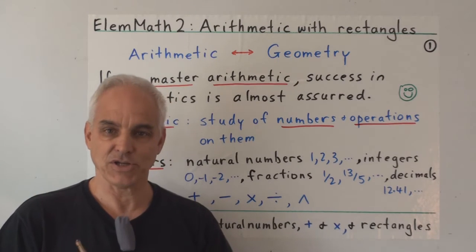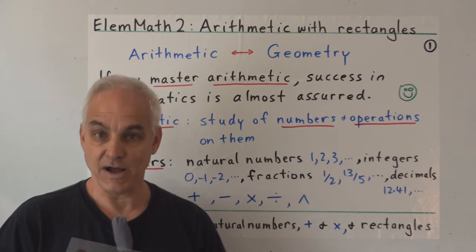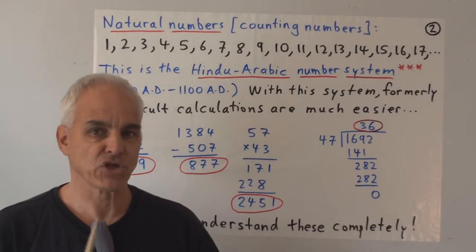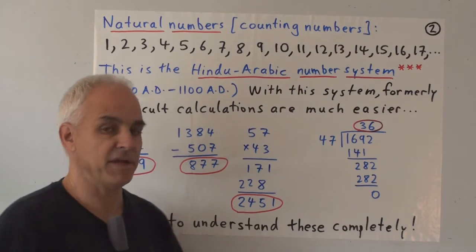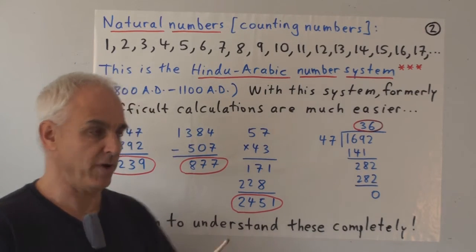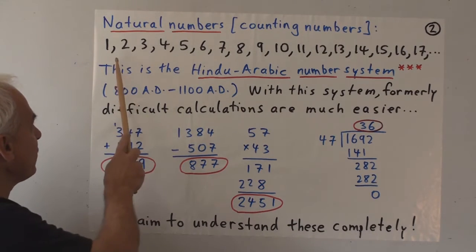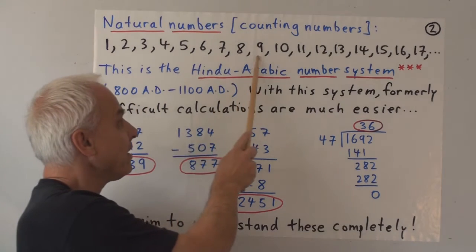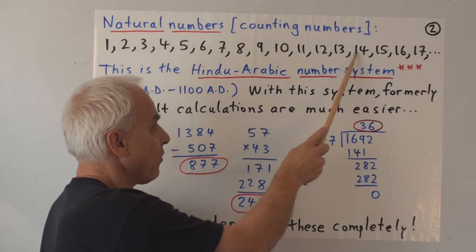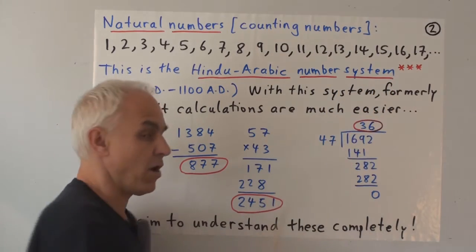and very simple operations geometrically defined. So let's start off with the natural numbers, sometimes called counting numbers, because they're the numbers that we use to count with. All right, here's the first few. 1, 2, 3, 4, 5, 6, 7, 8, 9, 10, 11, 12, 13, 14, 15, 16, 17, and so on.